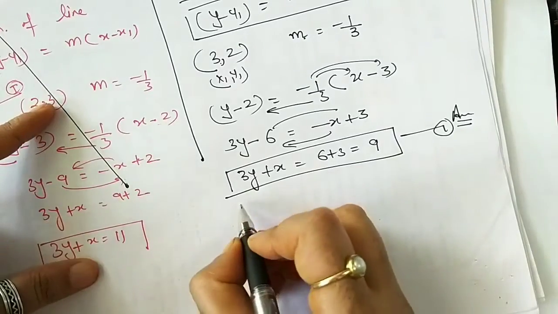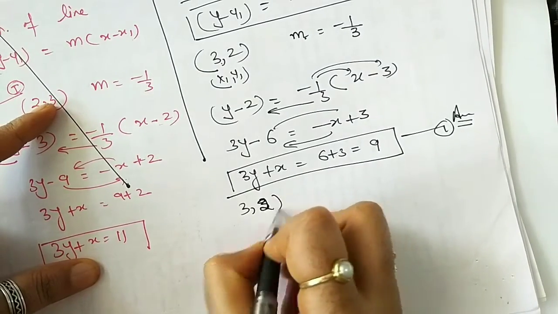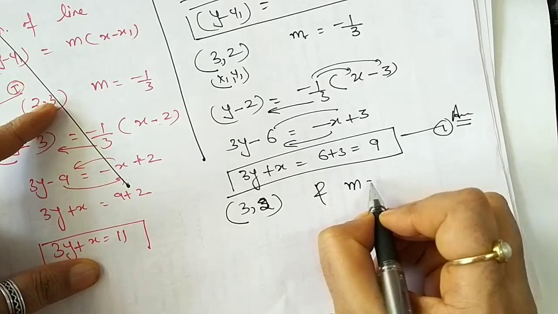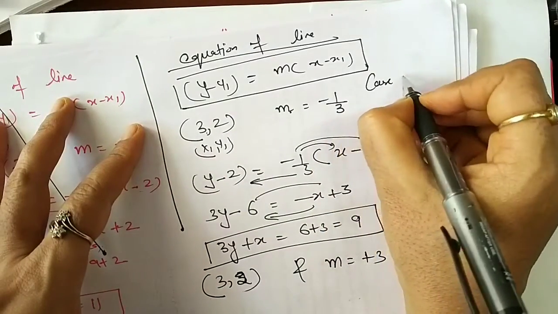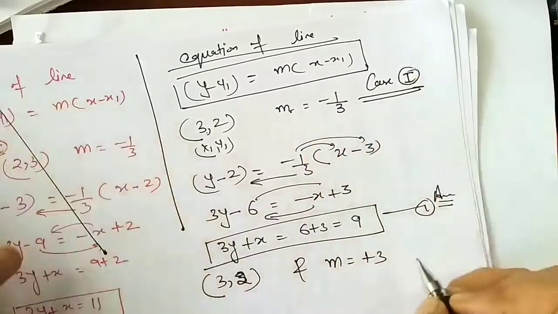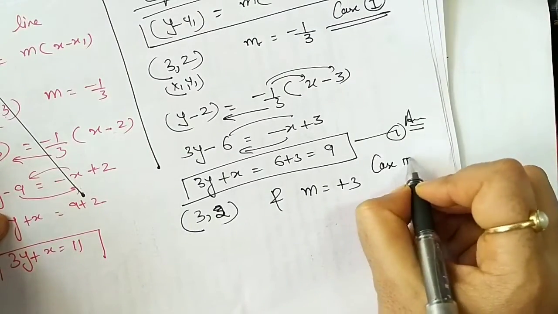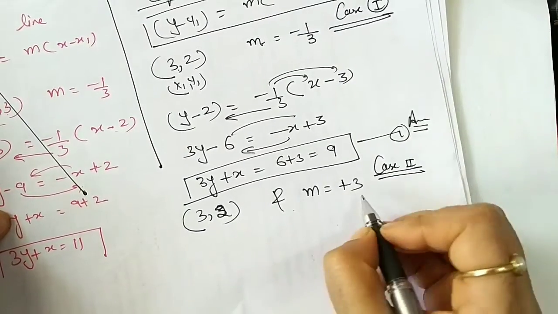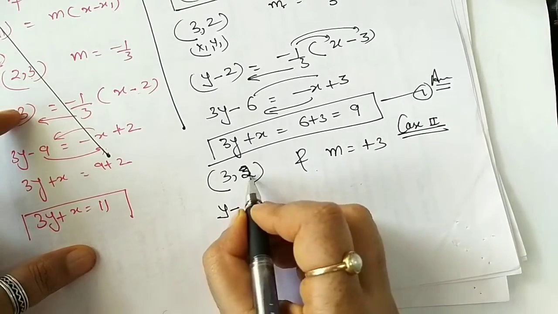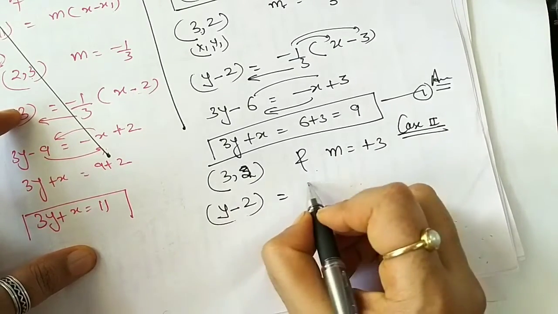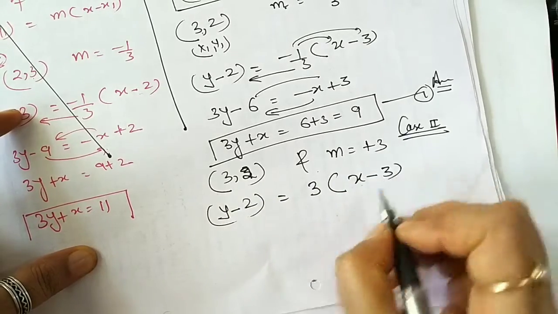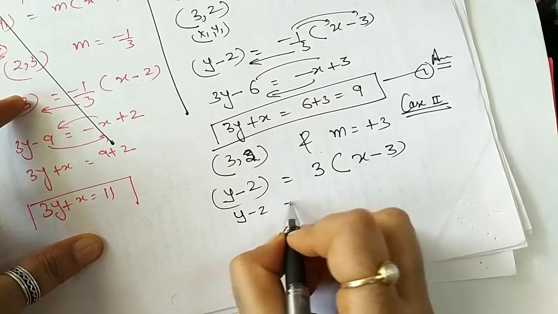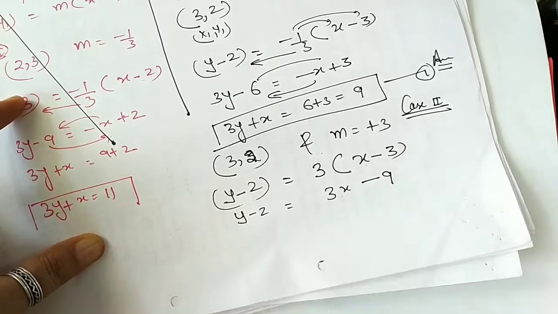The second possible case is the point is the same, guys, and m is plus 3. So this was my case 1. Okay, and this is my case 2 where m is 3. So the equation will be y minus y1 equals m, which is 3, into x minus x1, which is 3. So it will be y minus 2 equals 3x minus 9.